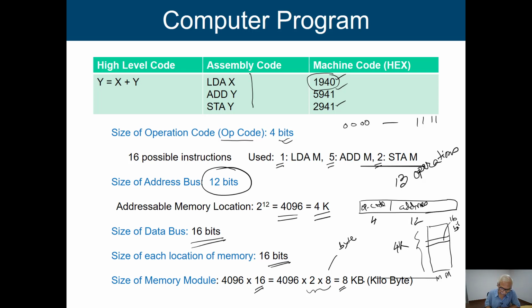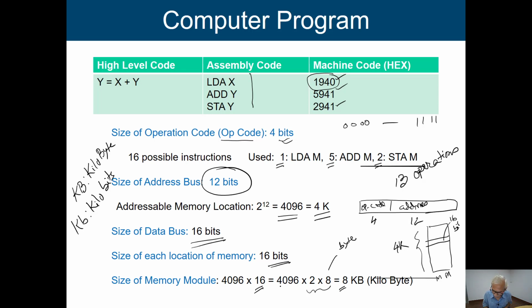So we can have two notations over here. If I write K and capital B, it is basically kilobyte. If I write K and lowercase b, it will say kilobits. Okay. So this is the way that we are going to say it.